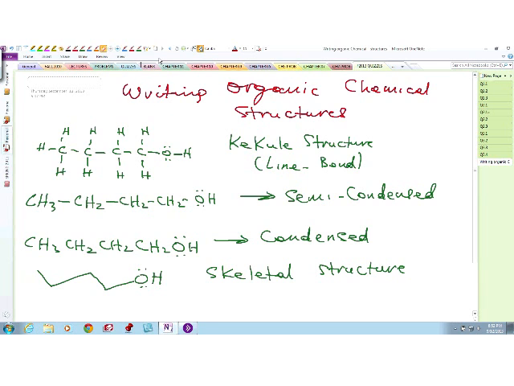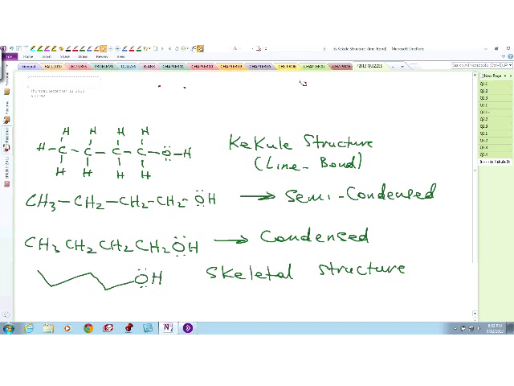Now there is another form of writing structures that I've not told you before, and that is this here. What we call the Lewis structure. In the Lewis structure, you have to show all of the bonding electrons. For example, here, between this carbon and this hydrogen, you have 2 bonding electrons, so you have to show it. See?